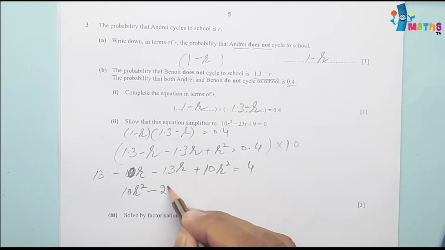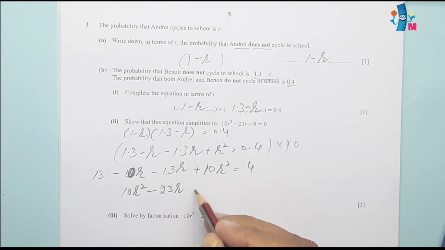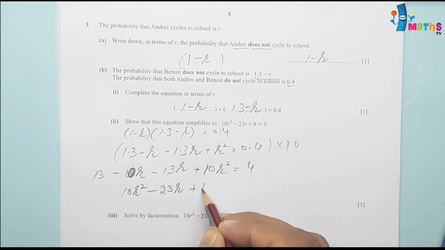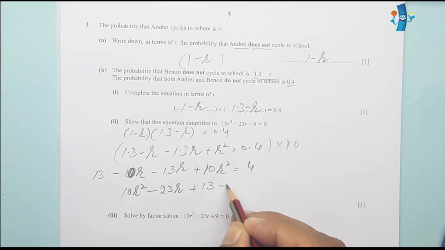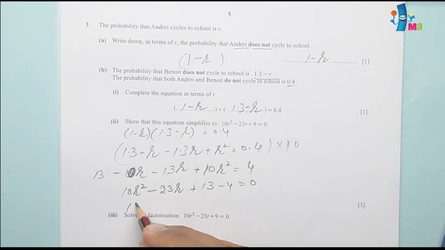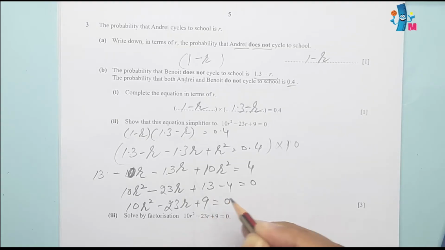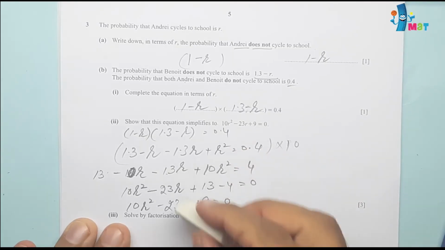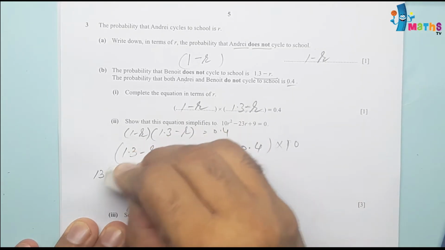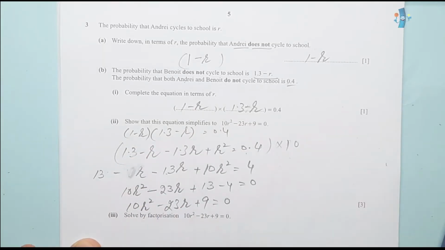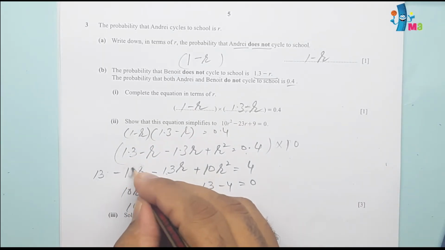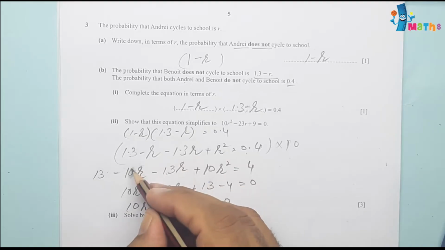So minus 23r and plus 13 and minus 4 is equal to 0. So the final equation will be 10r squared minus 23r plus 9 is equal to 0, which is the required equation. So I'll erase this and write 10r properly.